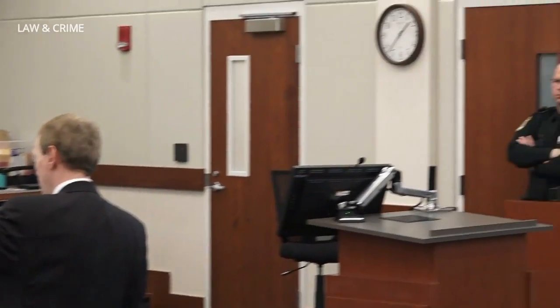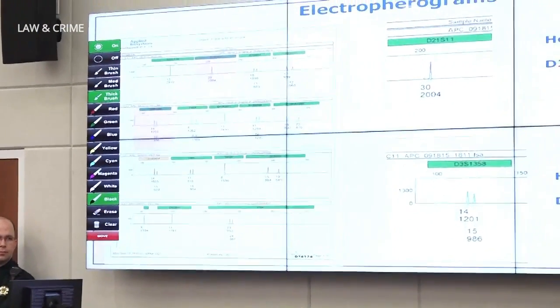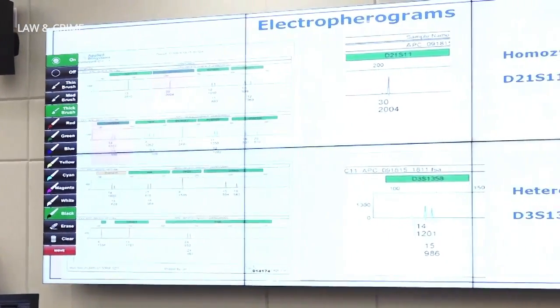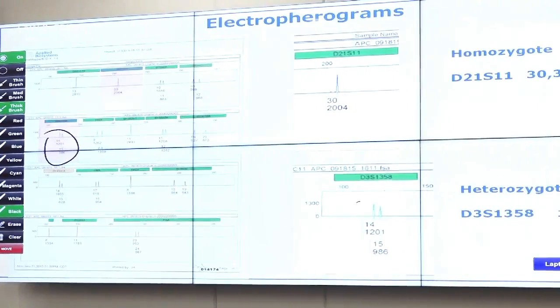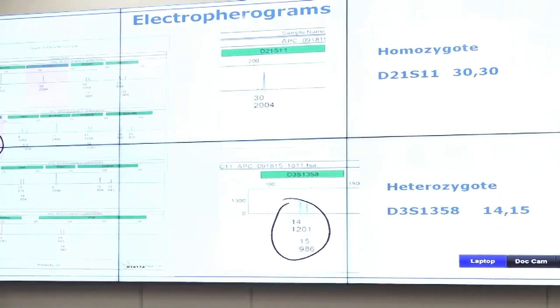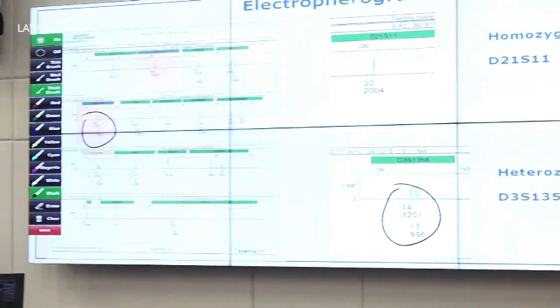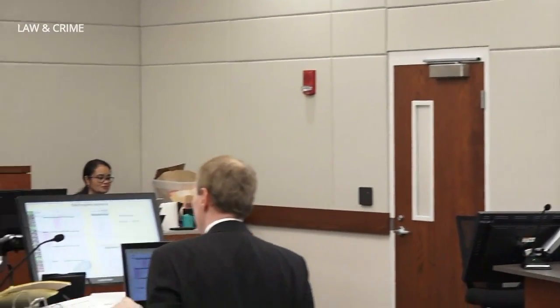You know that that's a homozygote right there at D2S1 because it's well above the stochastic threshold of 300, correct? Yes. And so you only got one peak, it's a 30-30. Yes. Okay. And the heterozygote that I chose is the 14-15 right down here at D3S1.